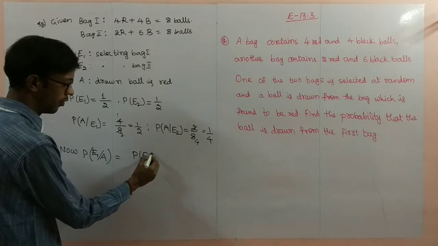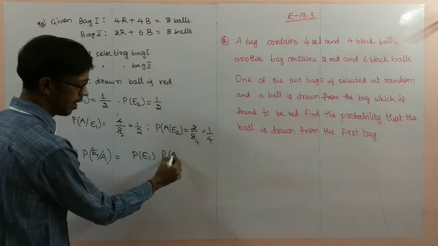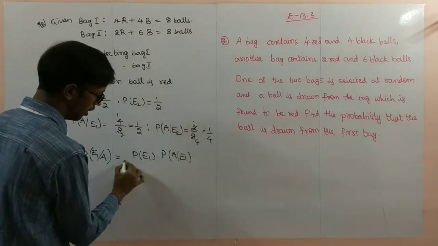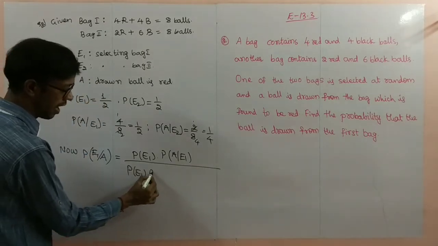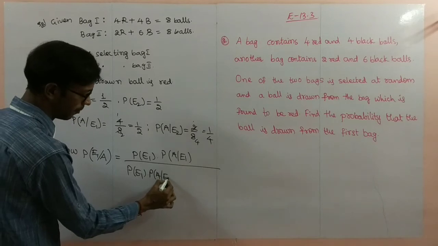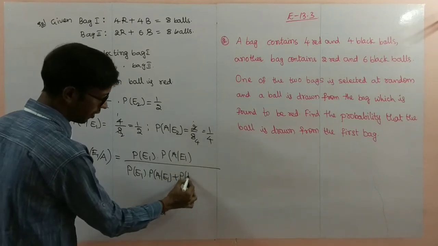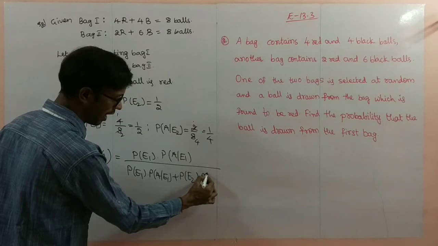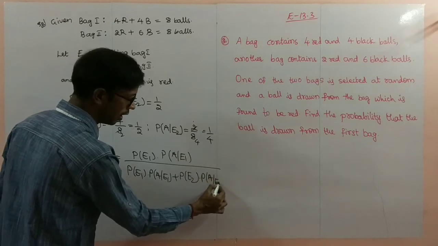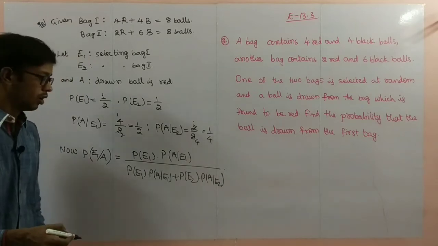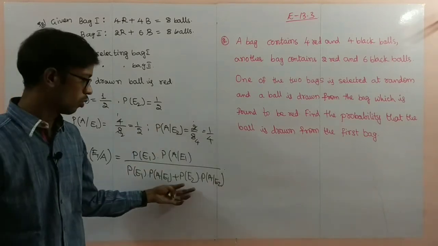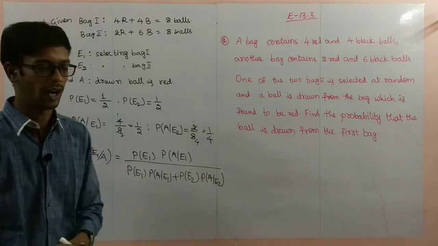Probability of E1 into probability of A by E1 divided by P of E1 into P of A by E1 plus P of E2 into P of A by E2. Two bags are there, so we have to write only two terms here.